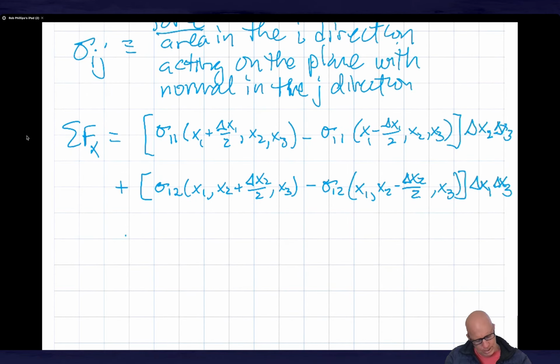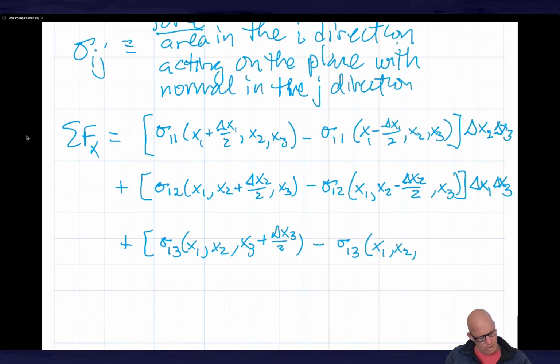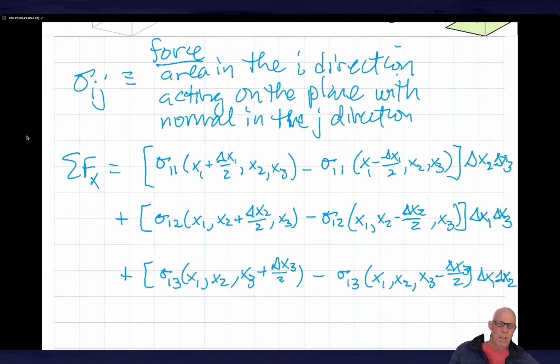And then finally plus sigma 1,3 at x1, x2, x3 plus delta x3 over 2, minus sigma 1,3 at x1, x2, x3 minus delta x3 over 2, and that's times delta x1, delta x2. So that's the total force.